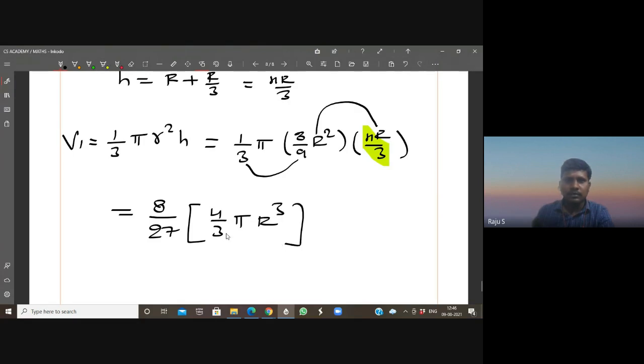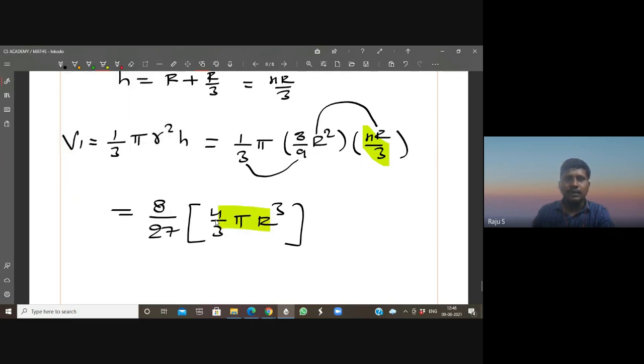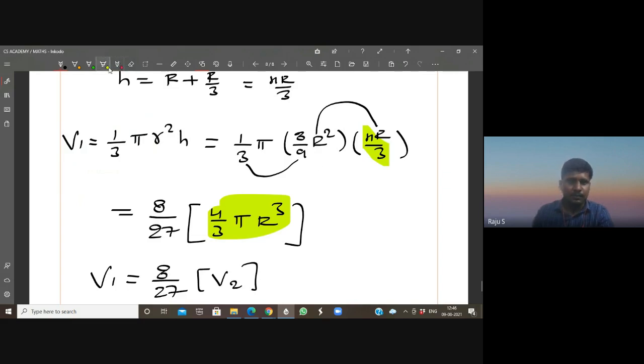What do you observe? This is clearly V2. So V1 is equal to 8 by 27 times V2. We proved it or not? Yes, we proved.